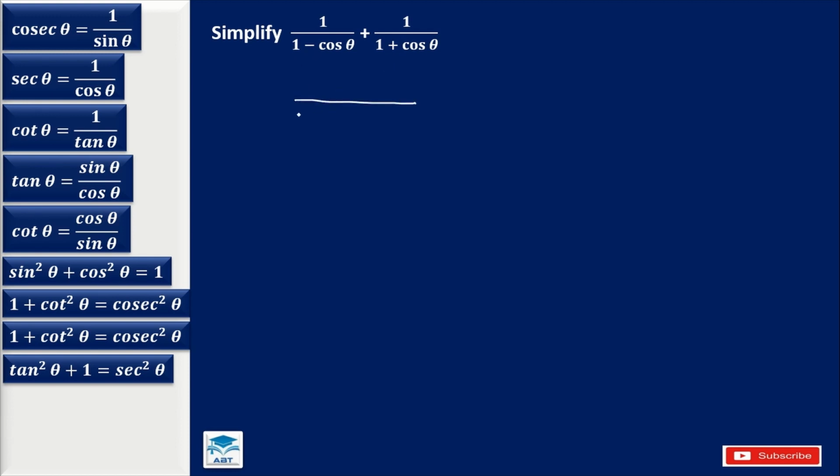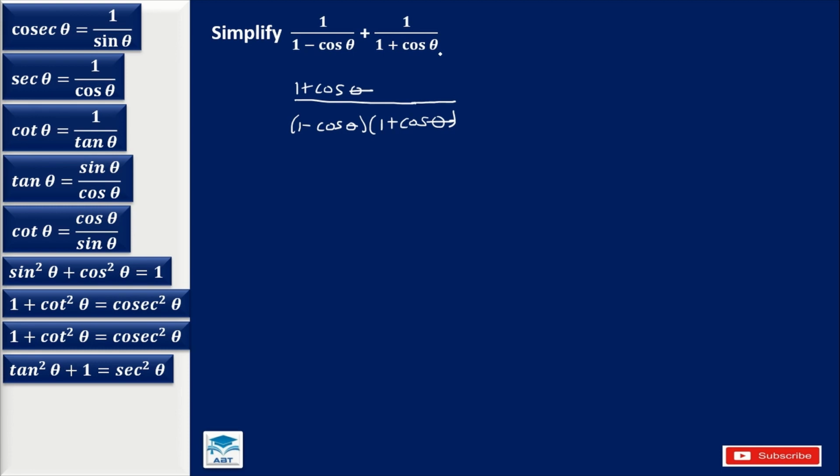The LCM is 1 minus cos theta multiplying 1 plus cos theta. 1 minus cos theta cancels 1 minus cos theta, and we have 1 plus cos theta multiplying 1, which gives us 1 plus cos theta.